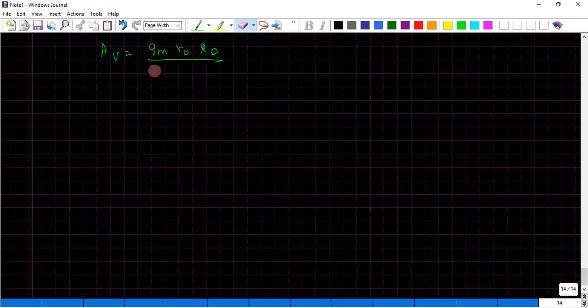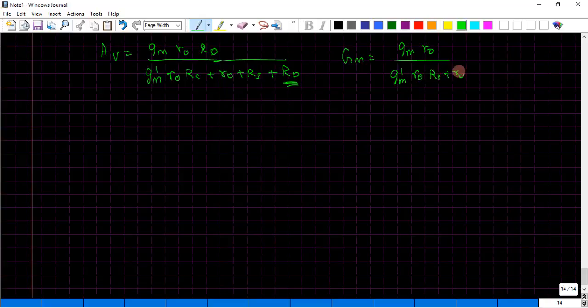This time I just expand this Rx, which I assume you remember as well, which is nothing but Gm prime R0 Rs, then R0 plus Rs, and then that has to be added with the Rd term. And this is the total gain, and out of that I redefine my Gm, that is capital Gm is nothing but Gm R0 and then all the terms except the Rd term, which would be Gm prime R0 Rs over R0 plus Rs.